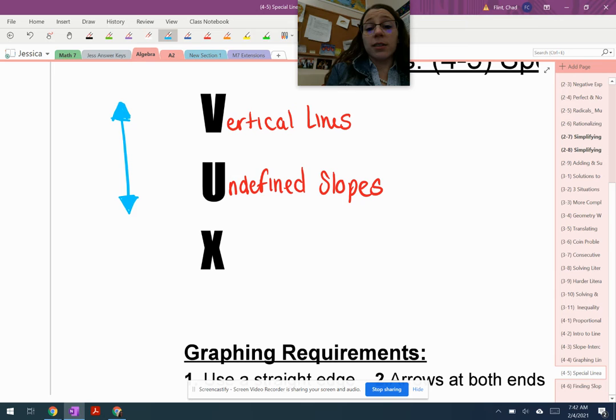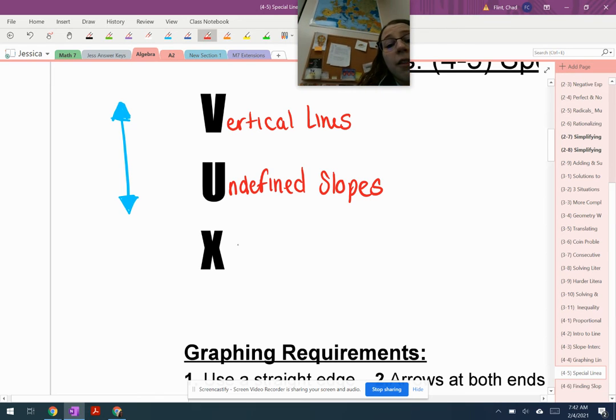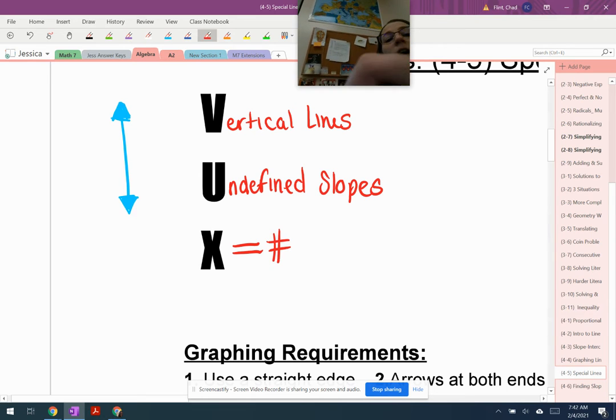So vertical lines have undefined slopes, and this is the weird part. They are x equals a number equations.